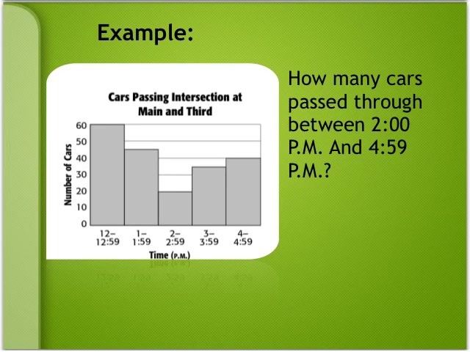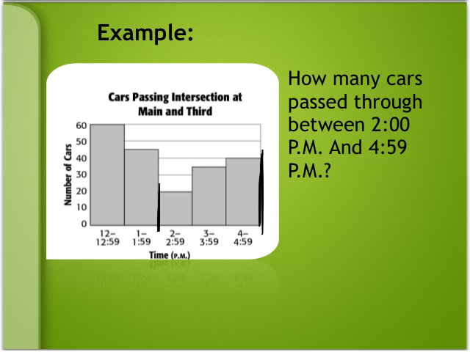Again, we still have the same histogram of cars passing an intersection at Main and 3rd. Our next question is, how many cars pass through between 2 p.m. and 4:59 p.m.? Well, we're looking from 2 p.m., and 2 p.m. starts right here, all the way to 4:59, which is all the way to here. So I have to look at my 3 different intervals there, figure out how many cars in each one, and add them up.